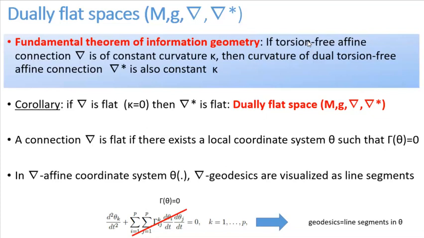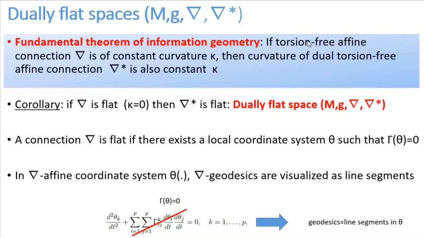This is not an official name, but basically, if we have a connection nabla of constant curvature kappa, then the dual connection has the same curvature. So if you start with a flat connection, your dual connection will be flat. And this is what people call a dually flat space. It comes from that, right?